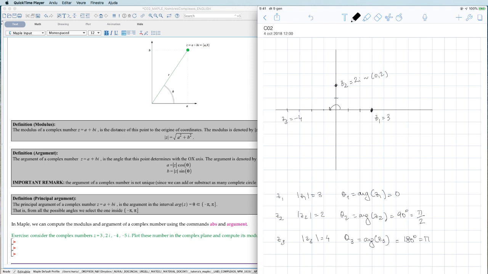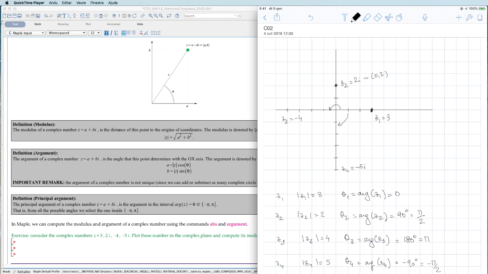And finally, the last number, Z4 equal to minus 5i. So Z4, the distance is going to be 5, and the angle or the argument, we can put it in a principal argument, which is minus 90, which is minus pi over 2.